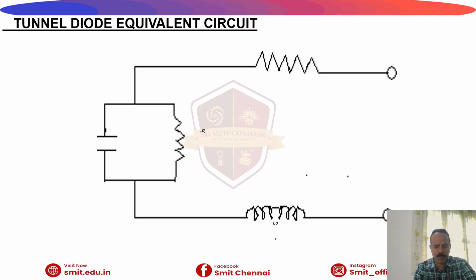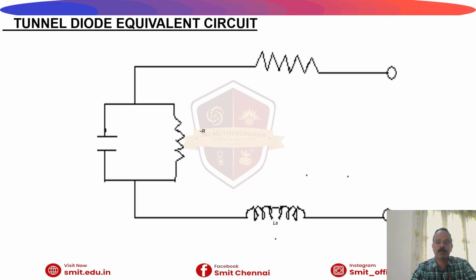Because of this negative resistance property, tunnel diodes are widely used in the microwave range of frequencies, particularly as oscillators, as high-speed switching circuits, as well as amplifiers operating at very high frequencies. So the main application of tunnel diodes is in the microwave range, particularly the very high range of frequencies.